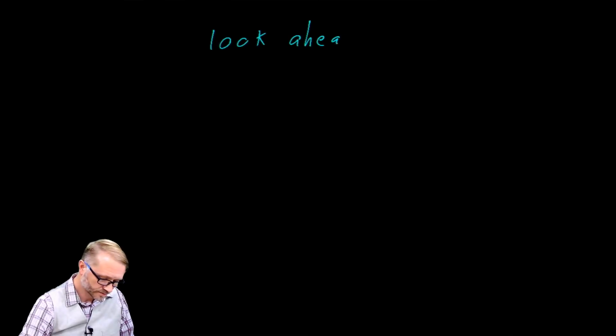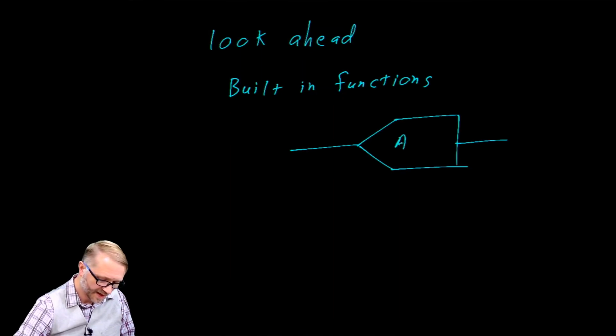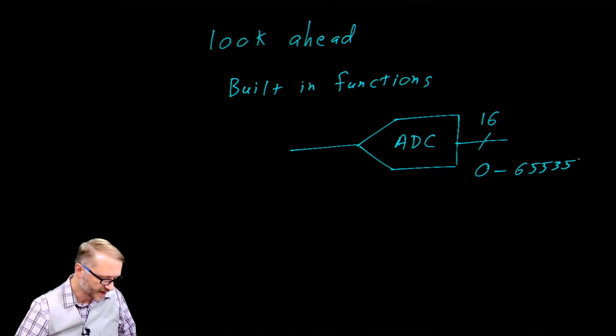I'd like to end with a look ahead to the built-in functions. We already mentioned the analog to digital converter. So the ADC, we mentioned that had a 16-bit output that could take on values from 0 to 65535.